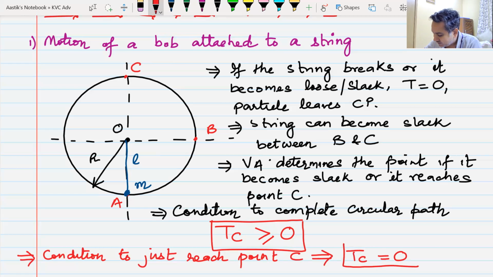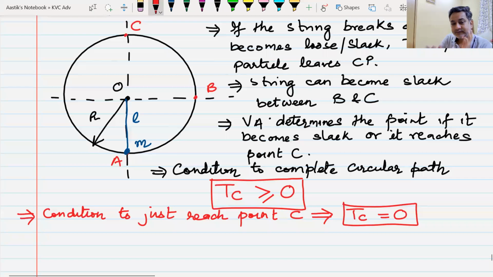Do we understand this? If it is greater than 0, it will obviously cross C very simply. Yes or no? Condition to just reach point C is tension becoming equal to 0.